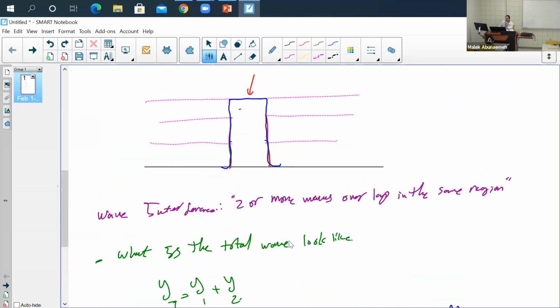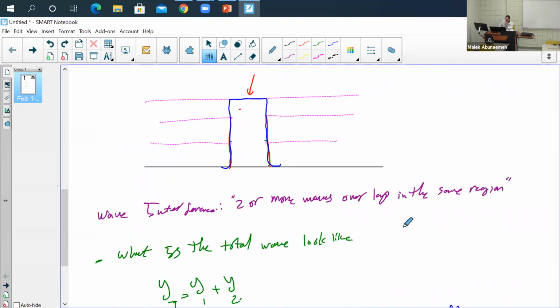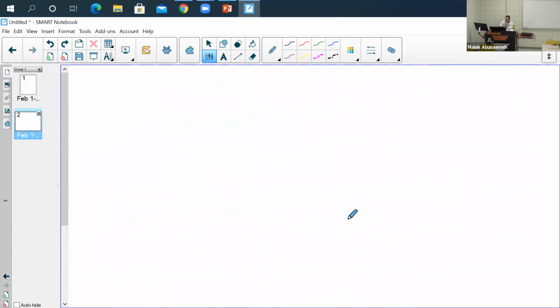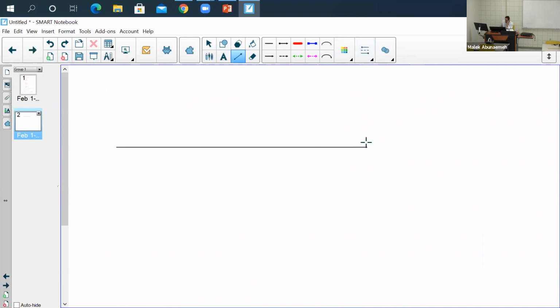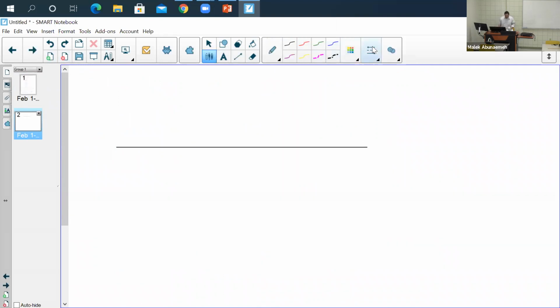So let's go on these two waves, right before they overlap each other. Let me get on a different piece of paper. So let's get our little black line on our equilibrium line. So you get the little green wave going in.